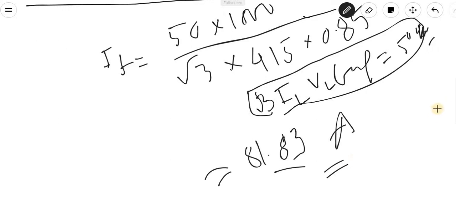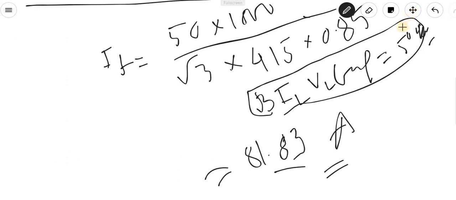Now we have to see the short circuit current. Short circuit current means how much current under the standstill condition.